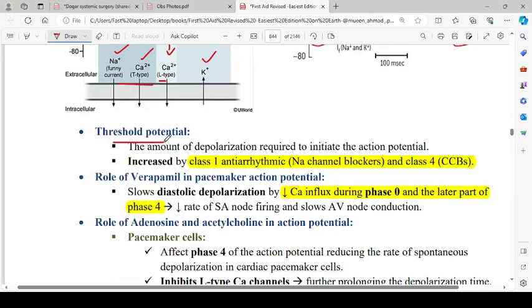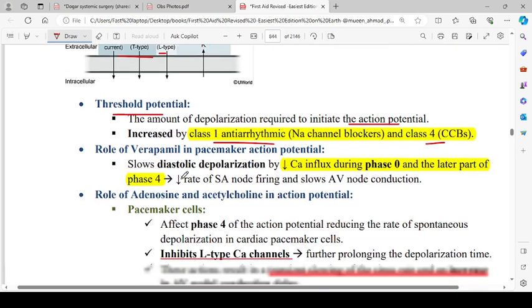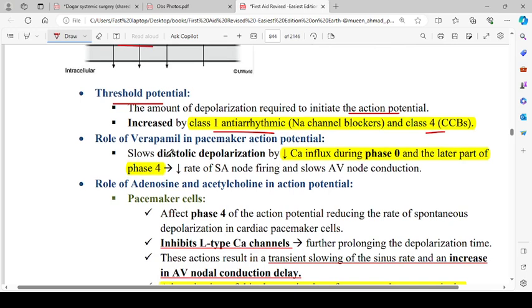Then the threshold potential, the amount of depolarization required to initiate the action potential, is increased by class 1 antiarrhythmics, sodium channel blockers, and class 4 calcium channel blockers. Okay. Role of verapamil in the pacemaker action potential: it slows the diastolic depolarization by decreasing the calcium influx during phase 0 and the later part of phase 4, and decreases the rate of SA node firing and slows the AV nodal conduction.